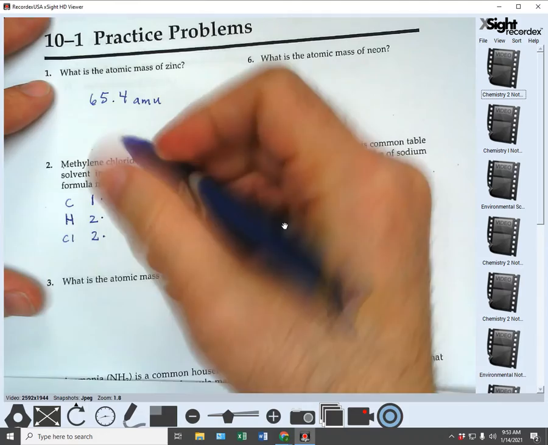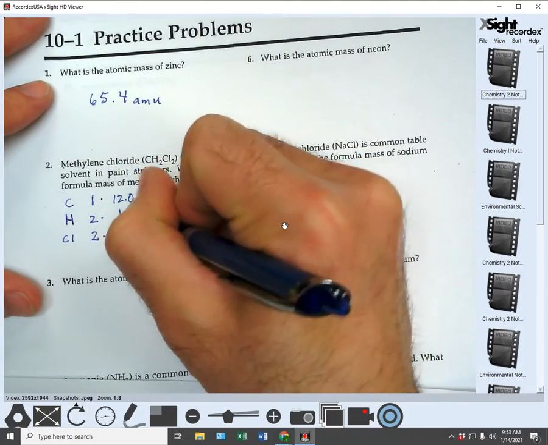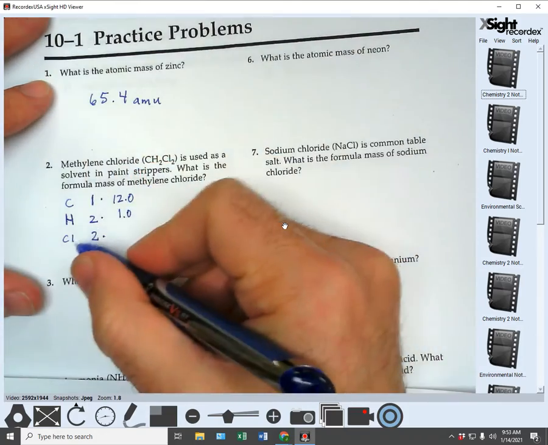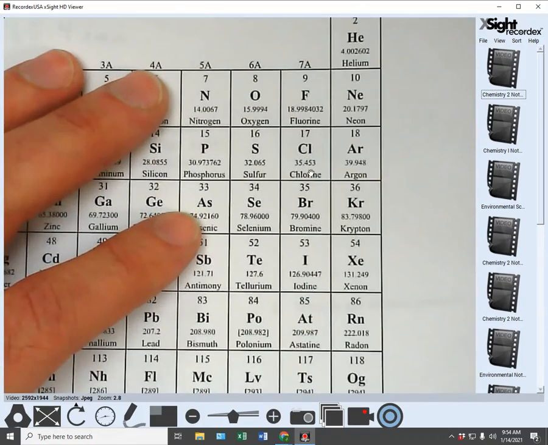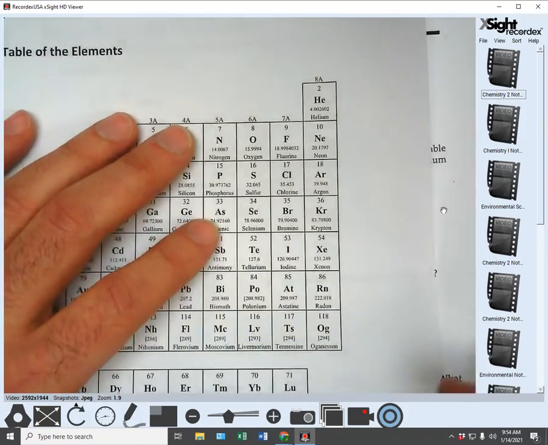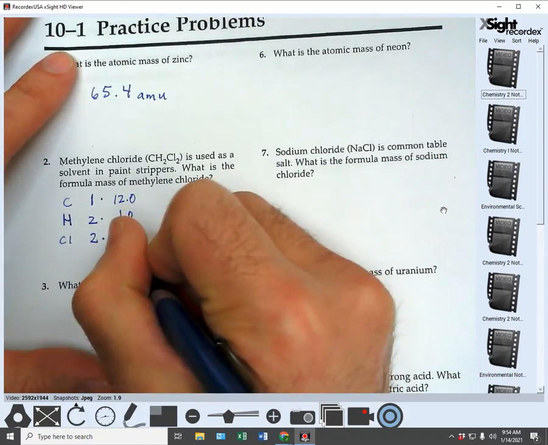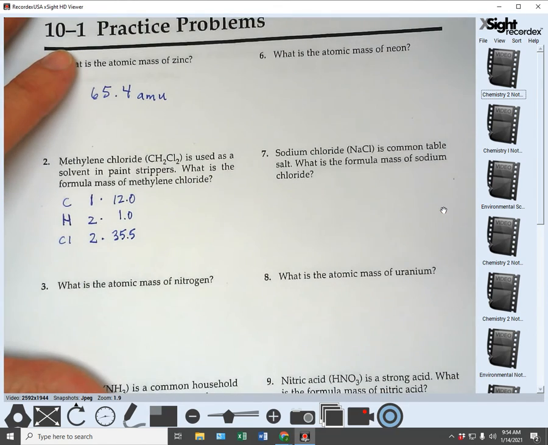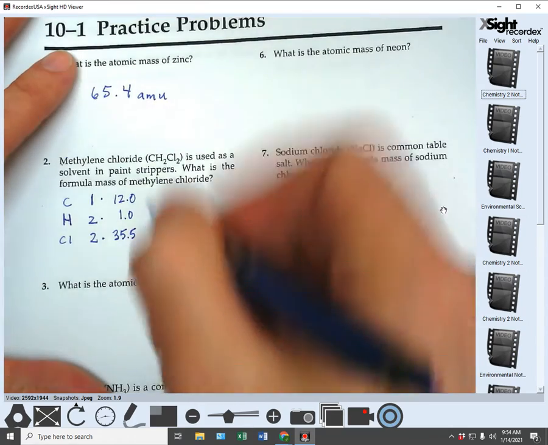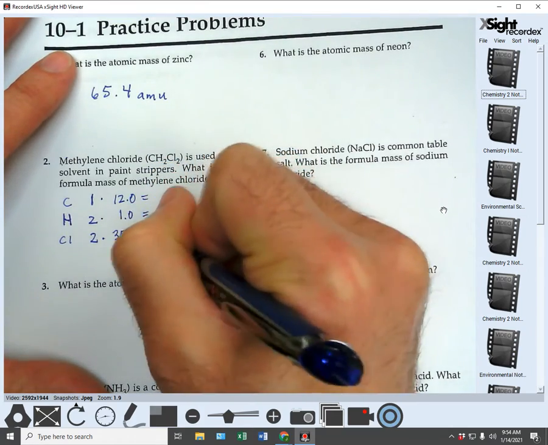Hydrogen, we already know from the previous that it's 1 or 1.0, either way. Chlorine is 35.453. So we're going to go to at least 1 decimal place. So the 4, you look here, the 5 does round that up, so it's going to be 35.5. All right, so we take that, and now we multiply these across.